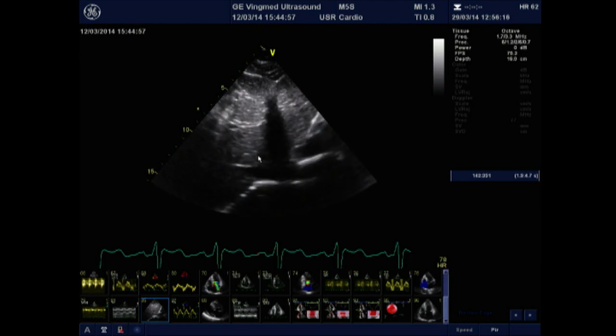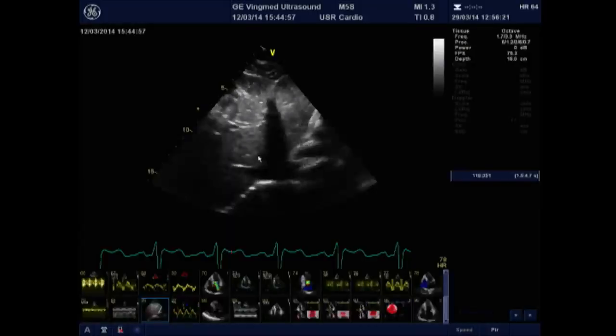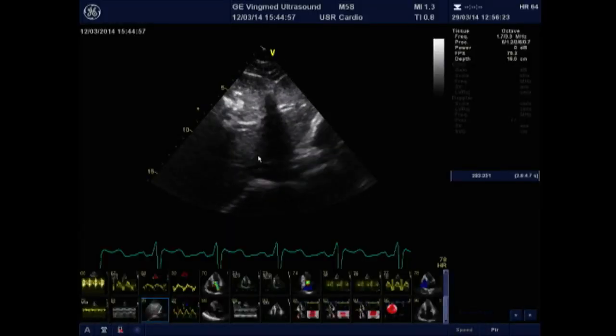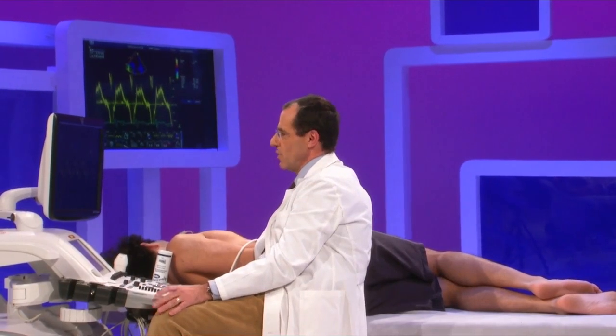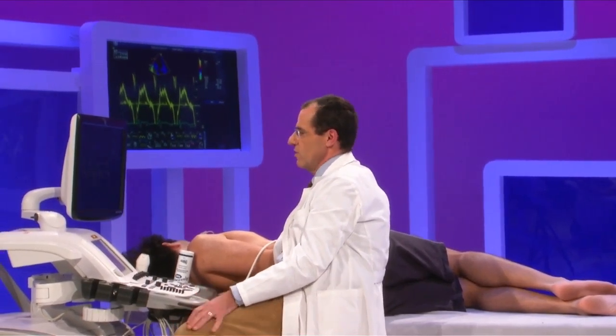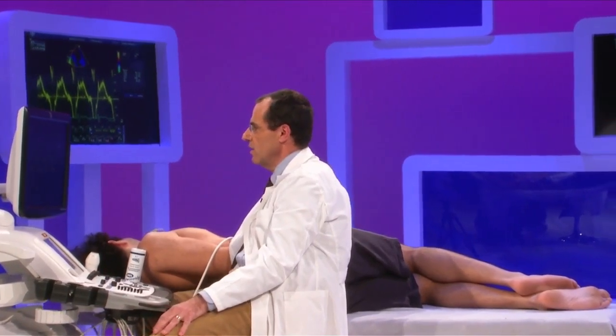This is the dynamic view of the inferior vena cava, showing that there is an inspiratory collapse, and so I agree with the machine that the right atrial pressure was 5, so the value we estimated for pulmonary artery pressure was okay.